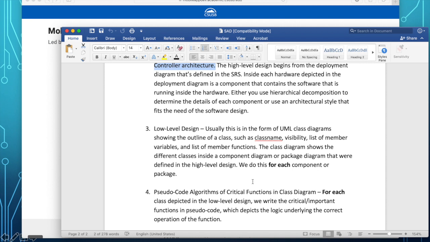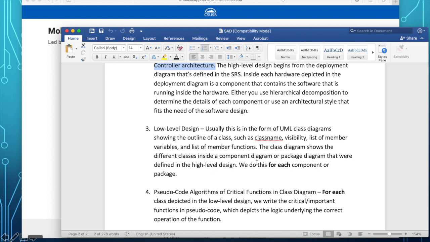So the low-level design consists of the class itself, its visibility, list of member variables, and list of member functions. And that's the member functions or methods inside the class. Then that becomes low-level design.